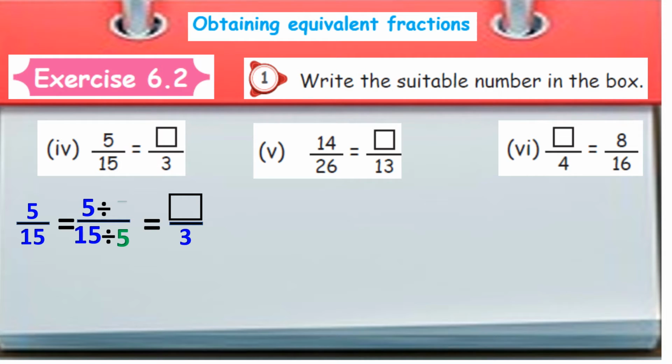Whatever you do in the denominator or numerator, you have to do the same to the other side also. Right? So now it's easy, isn't it? So 5 divided by 5, the answer will be 1. See here, 5 by 15 and 1 by 3 are the equivalent fractions.